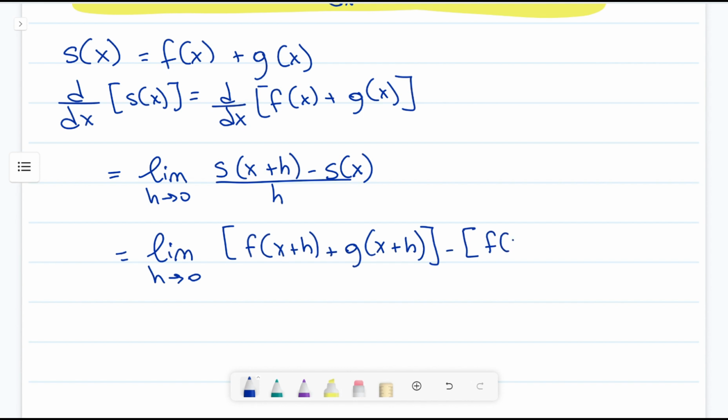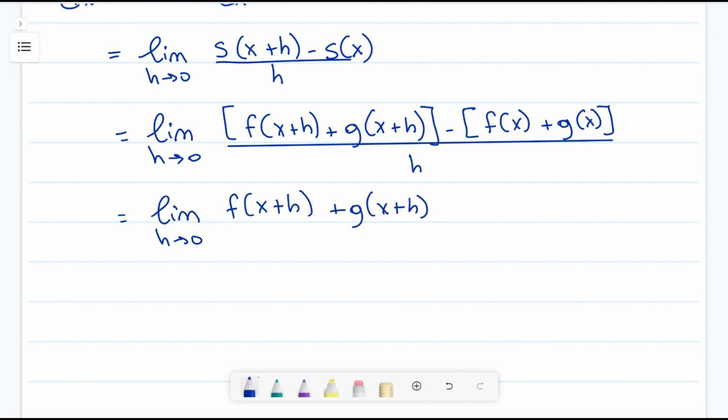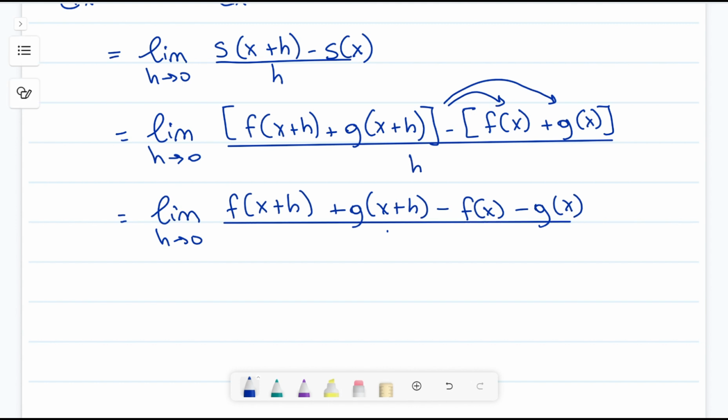S of x is f of x plus g of x. All of this divided by h. Now, let's continue. It becomes f of x plus h plus g of x plus h. The negative goes to each term, minus f of x minus g of x, all divided by h.